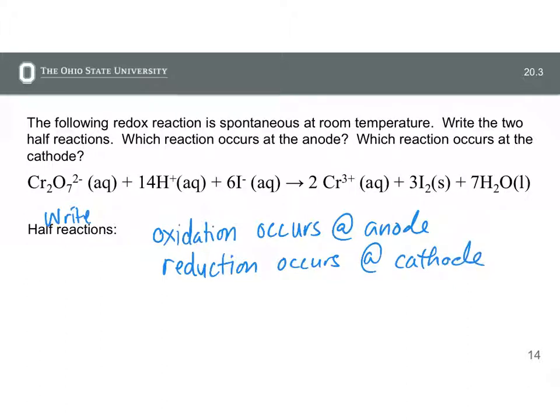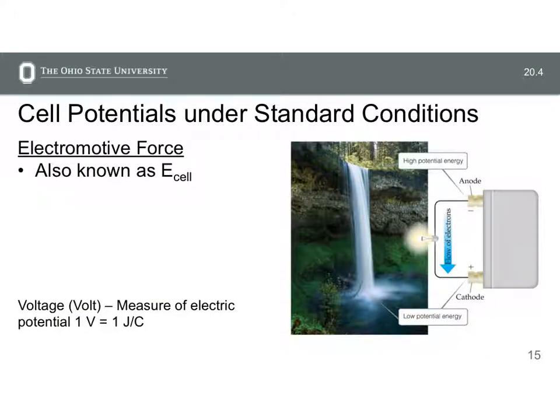And given that, you can figure out where each half reaction will be. Will it be at the anode or the cathode? And again, that's judging based on which side the electrons are on. I'll let you do that one.